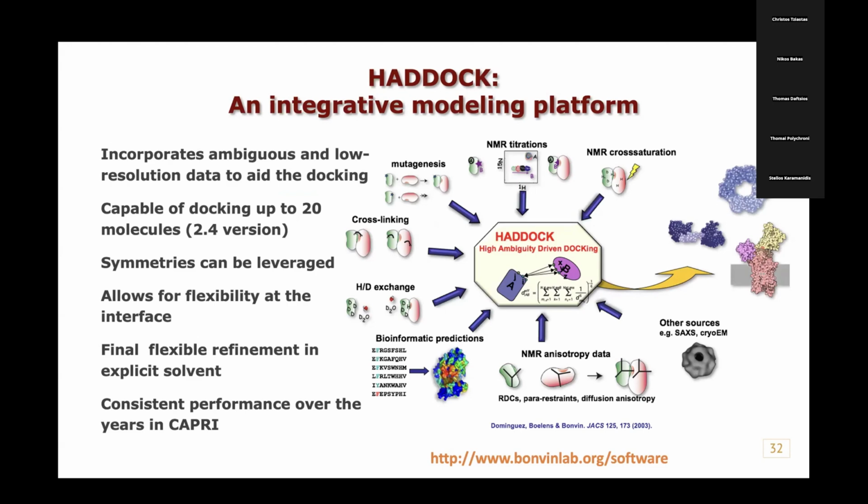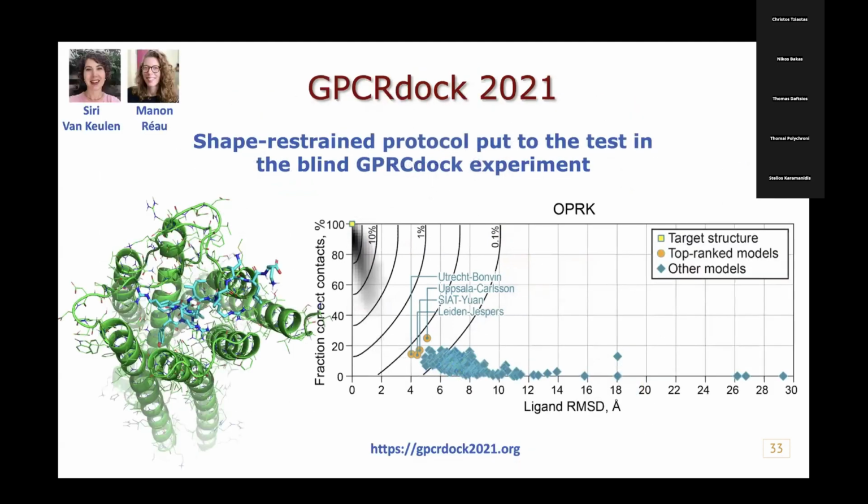HADDOCK has been participating every year in the performance competitions such as CAPRI with excellent results. For example, some years ago, you can see that it was able to identify the target structure among the top ranked models, and this happens almost every year.